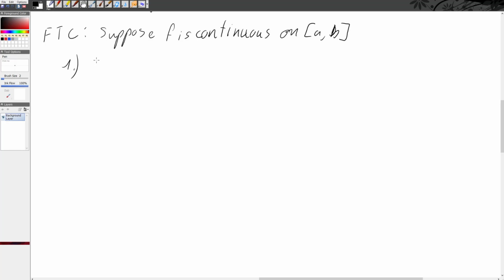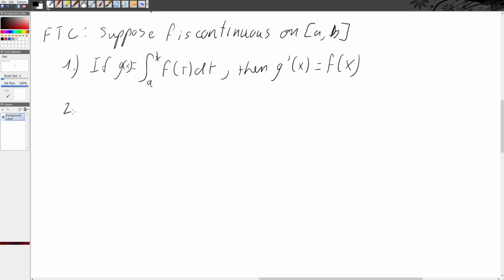The first part states that if g of x is equal to the integral from a to x of f of t dt, then the derivative of g of x should be just the inner function evaluated at x. Part 2: if we have a definite integral from a to b of f of x dx, then we can find the solution by finding the antiderivative.